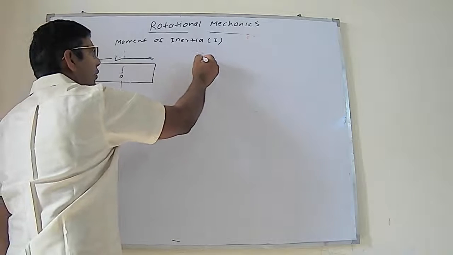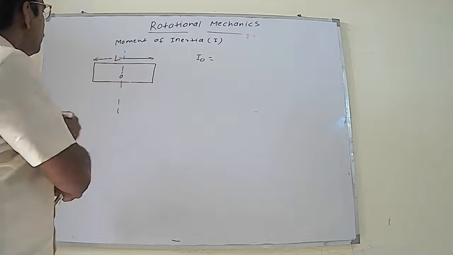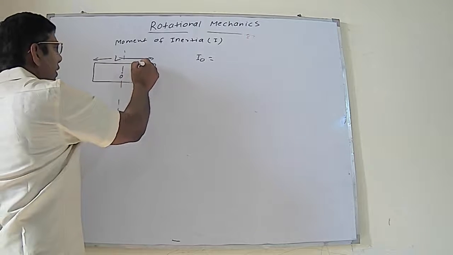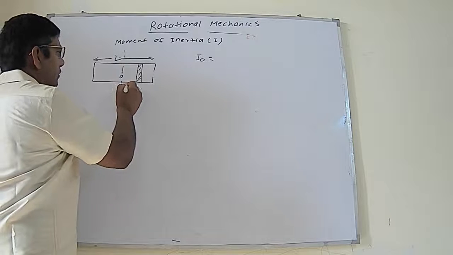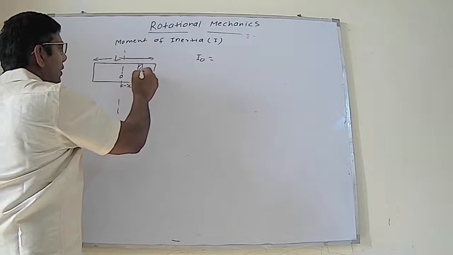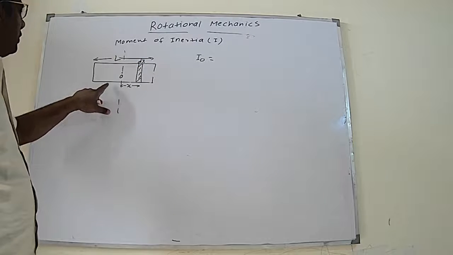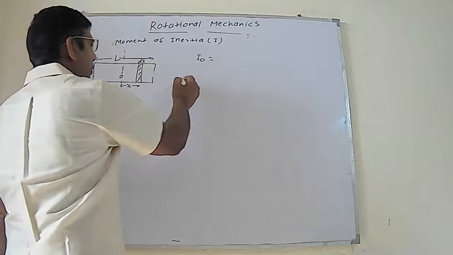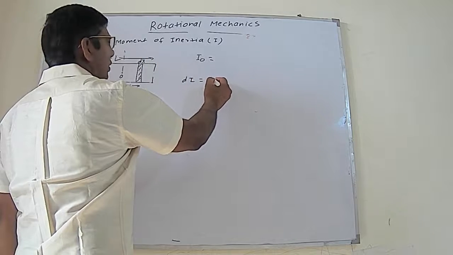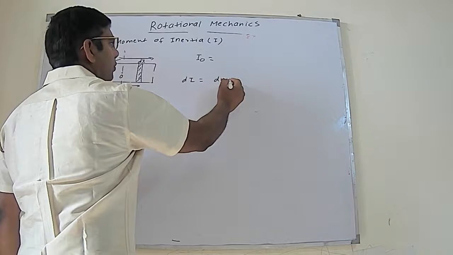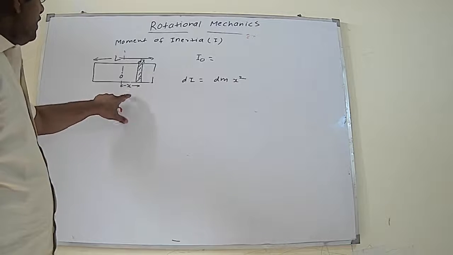We have to find I about O, or I about the center of mass. Since it's a continuous system, we will take an element dx at a distance of x. So dI will be dm into x square. What will be dm in terms of dx?